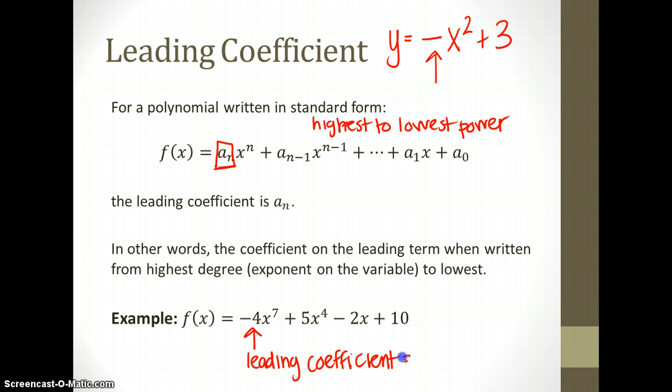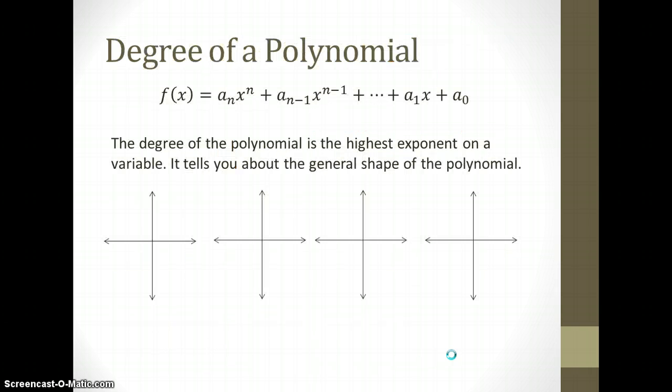So we need to know how to figure out what the leading coefficient is, as well as the idea of a degree. The degree of a polynomial has to do with the exponents. It's the highest exponent on a variable in your polynomial.